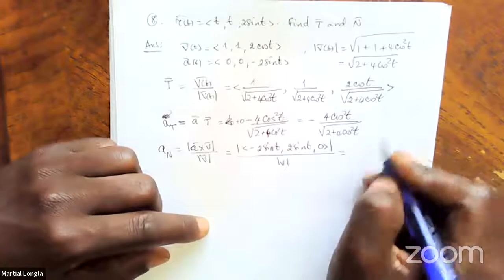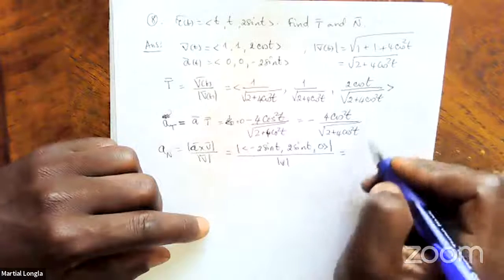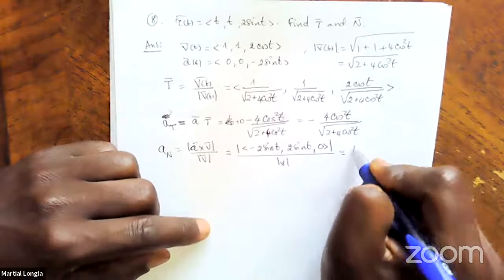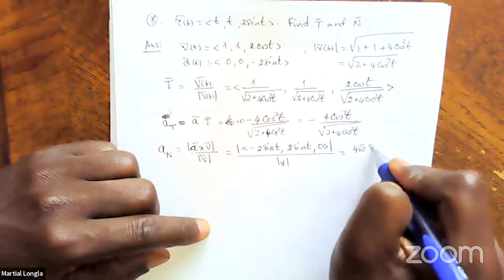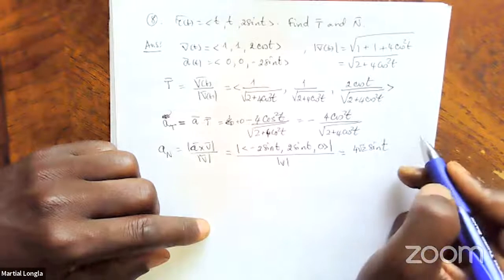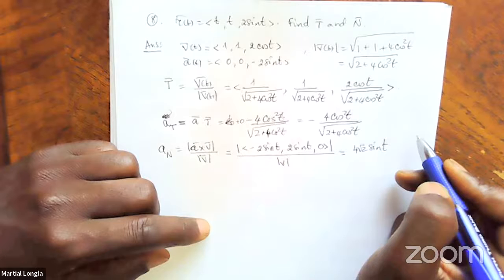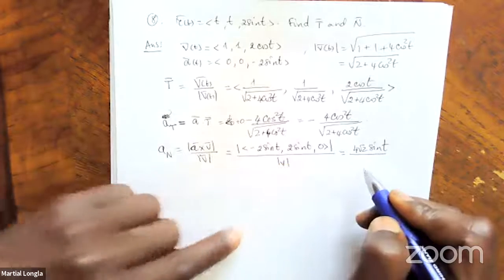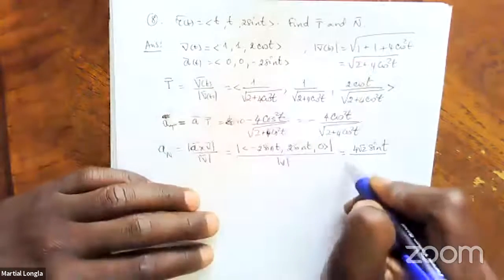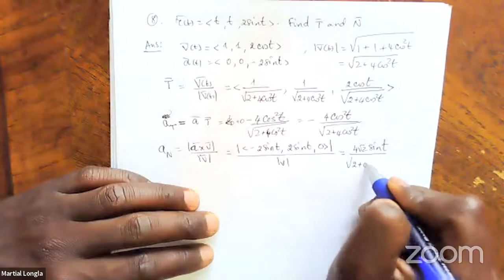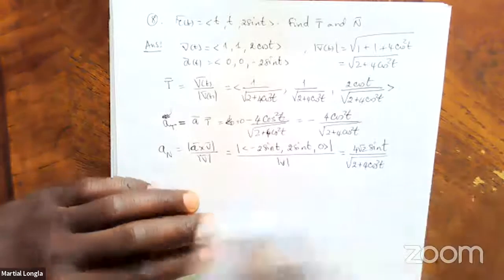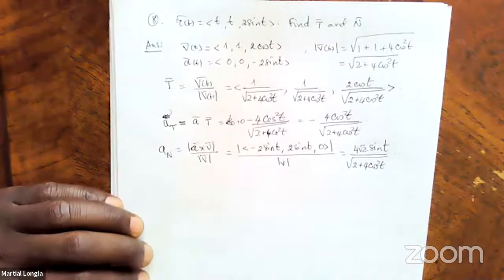So that's root 8 sine squared, which is 4 root 2 sine t, divided by the magnitude of V, which is again root 2 plus 4 cosine squared t. So we got this.